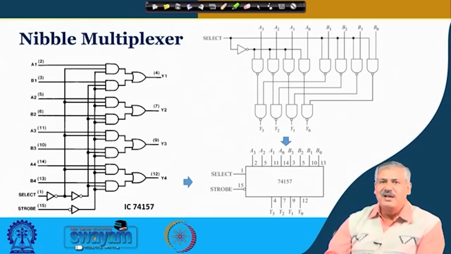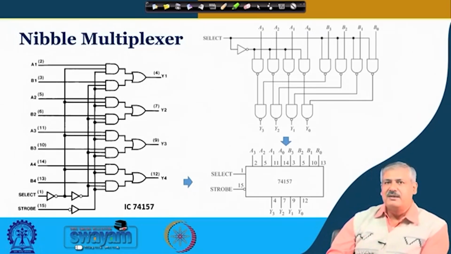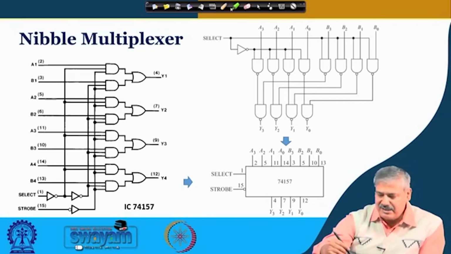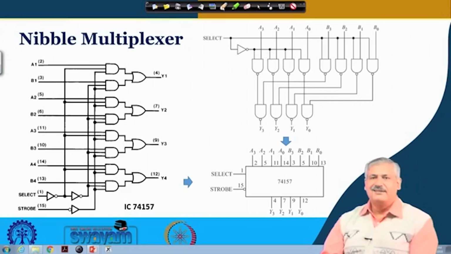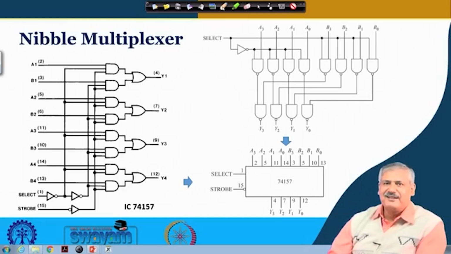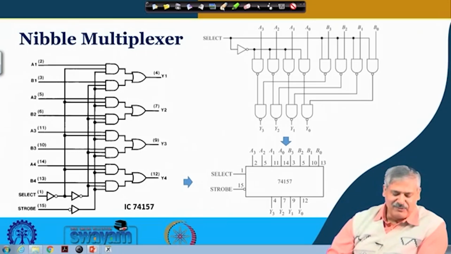Now, we shall look at some aspects of a practical multiplexer IC, which is 74157. If I ask you how many multiplexers are there and what is the type, first of all, how will you investigate this circuit?